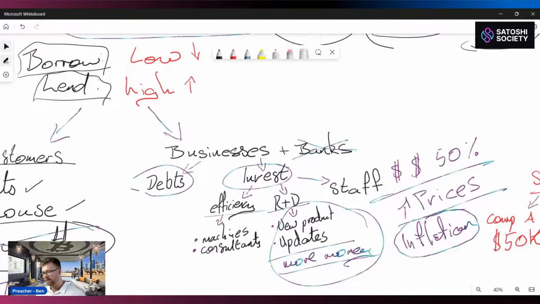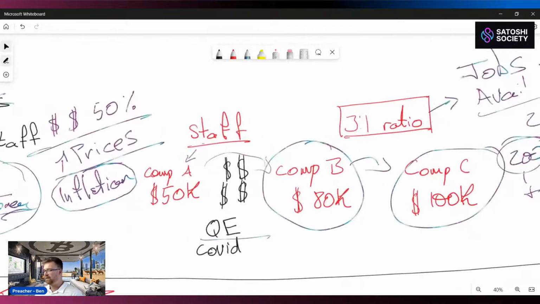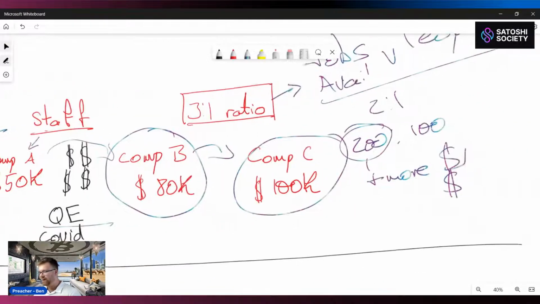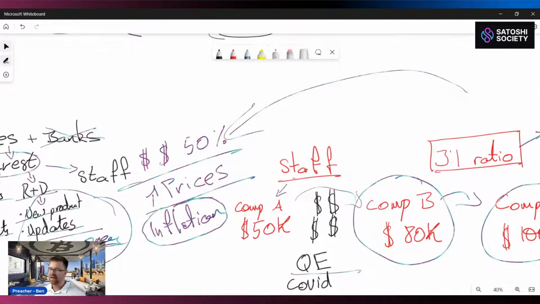The banks start doing R&D, getting new products, updates, machines, consultants, whatever. Then we start into this wage price spiral, and we end up slowly reverting back to 50% more staffing costs, and then they have to increase their prices, which is why you get inflation after quantitative easing. This is the full process from quantitative easing straight into inflation.